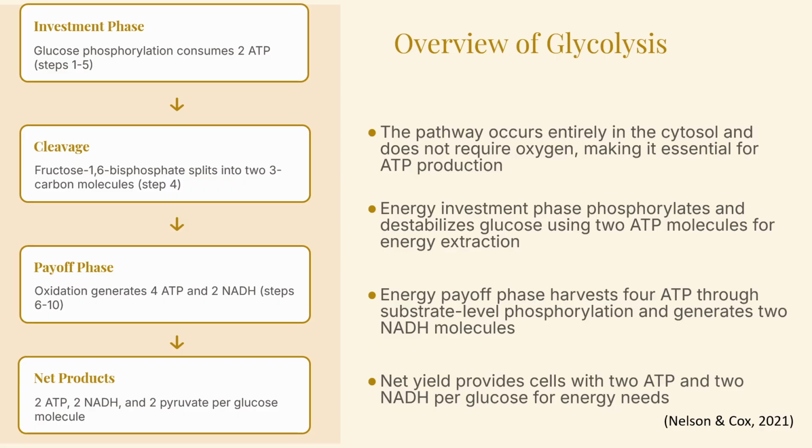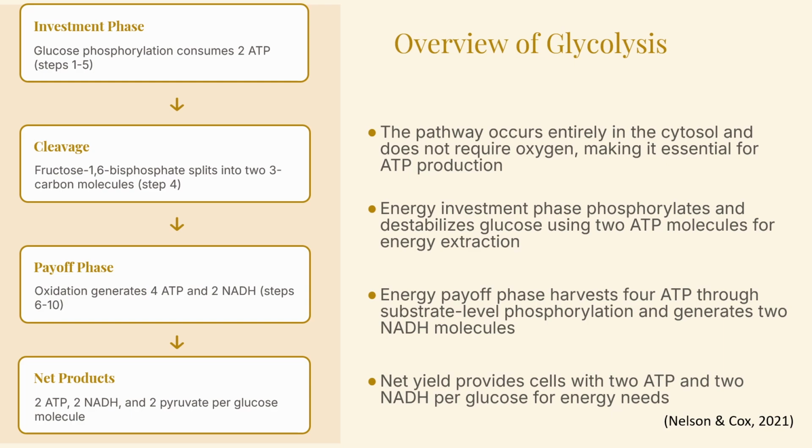We can calculate the total energy produced. We must subtract the 2 ATP molecules used during the investment phase from the 4 ATP produced in the payoff phase. This results in a net gain of 2 ATP molecules per glucose molecule.